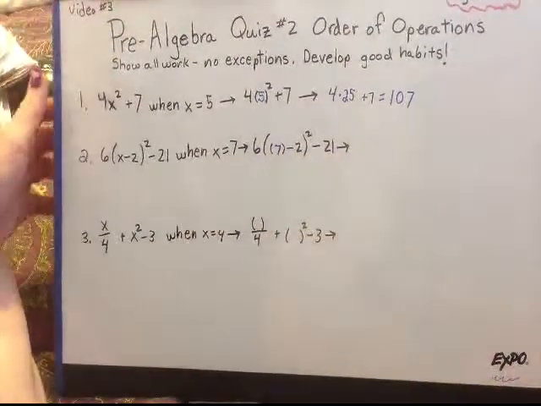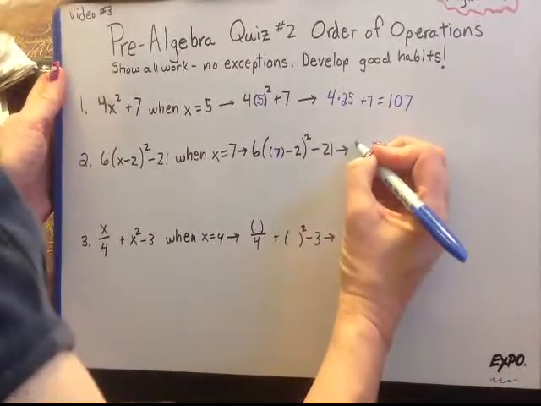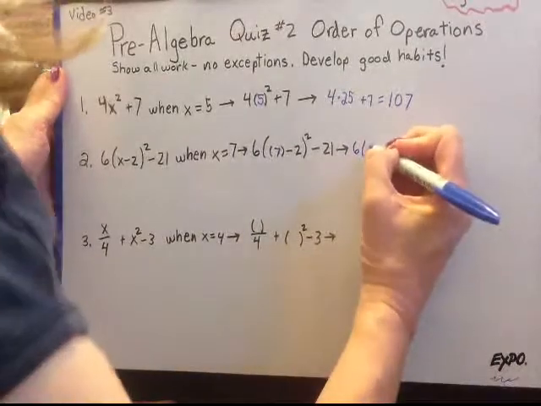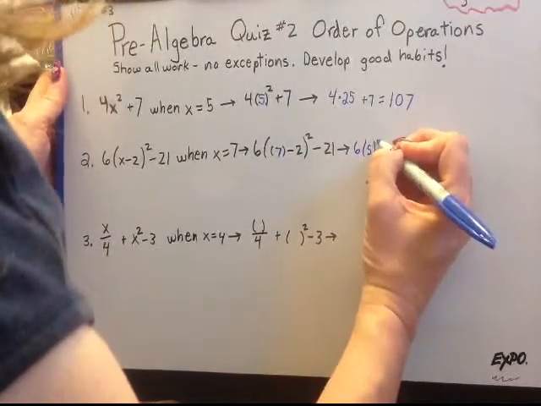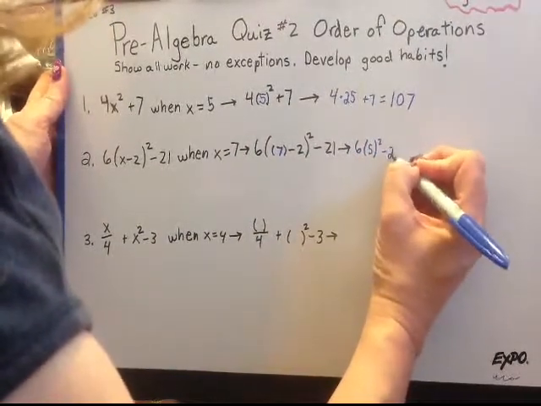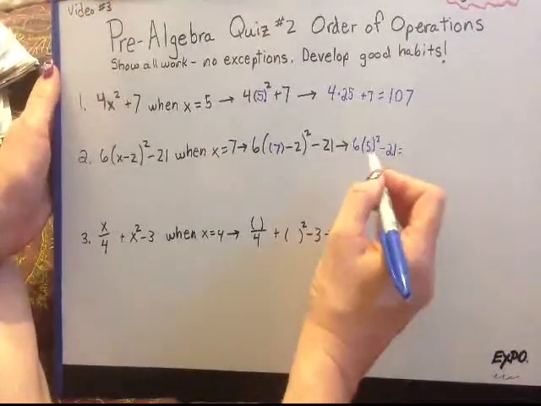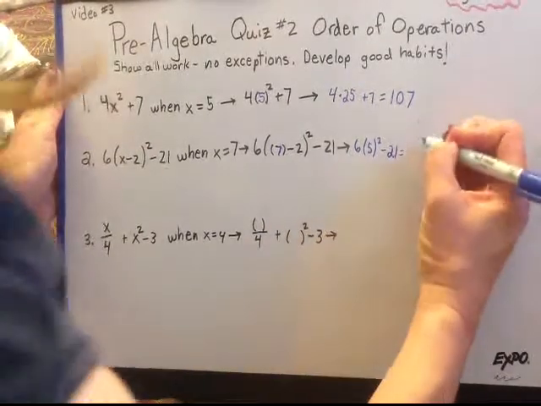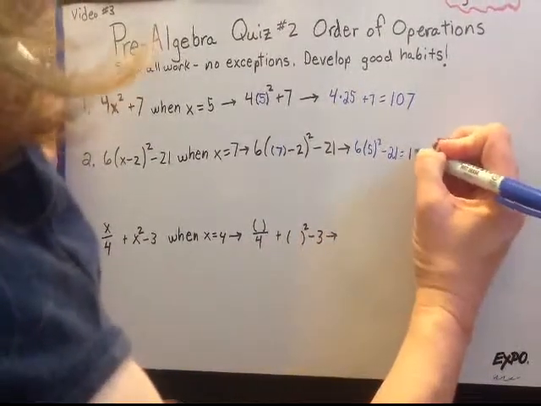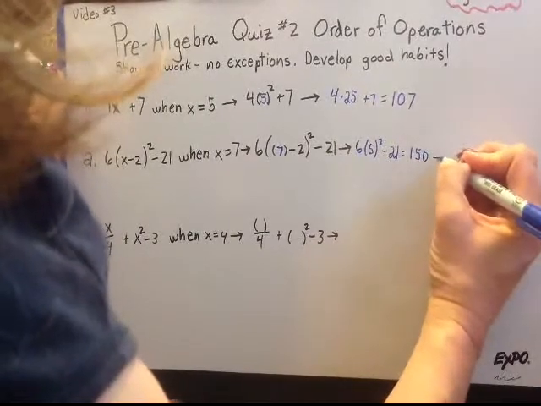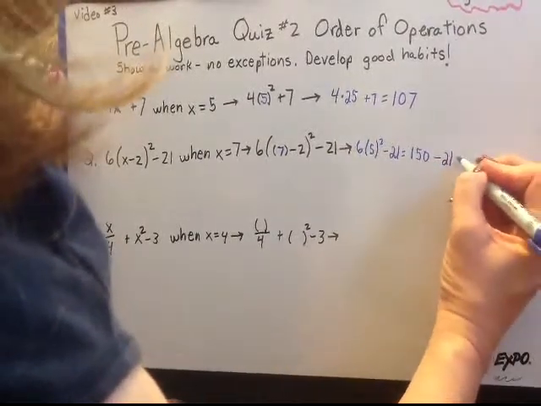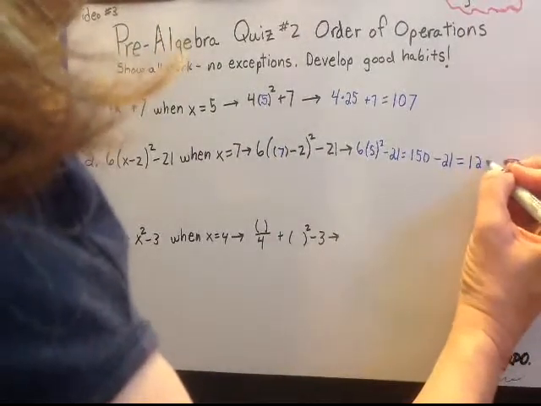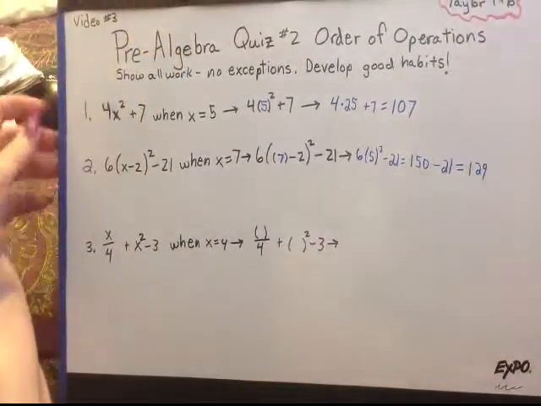So now we're going to get 6 times the quantity, 7 minus 2 is 5, squared minus 21. Now 5 squared is 25, and 25 times 6 is 150 minus 21, which is 129. And that's the answer.